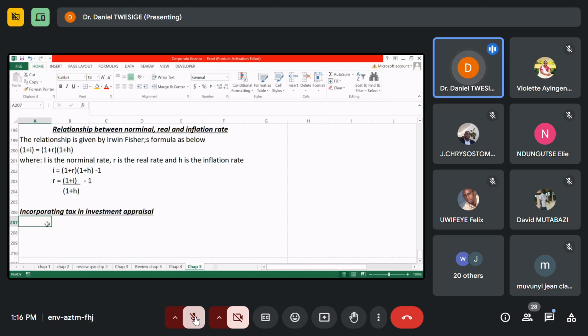So you are going to look at tax in those two aspects: the cash outflow, which you calculate from the profit, and the tax saving, which is a benefit from the depreciation of the asset.